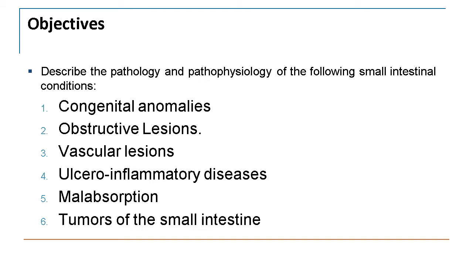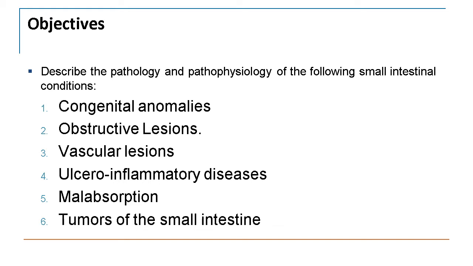By the end of this session, I would like you to describe the pathology and pathophysiology of the following small intestinal conditions: the congenital anomalies of the small intestine, obstructive lesions, vascular lesions, and ulcero-inflammatory diseases of the small intestine, malabsorption and tumors of the small intestine.